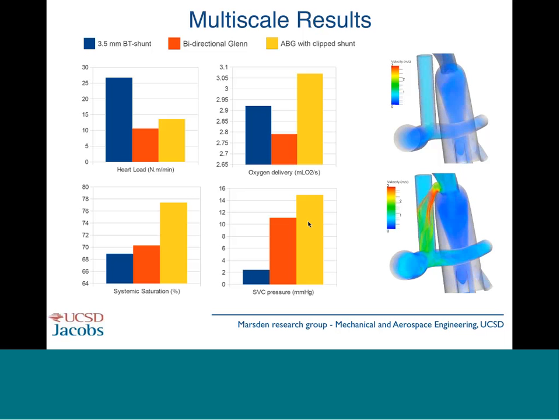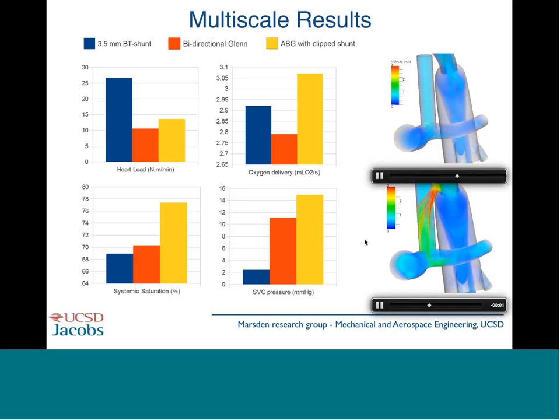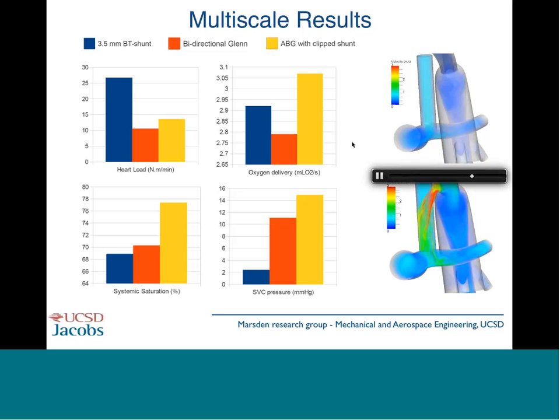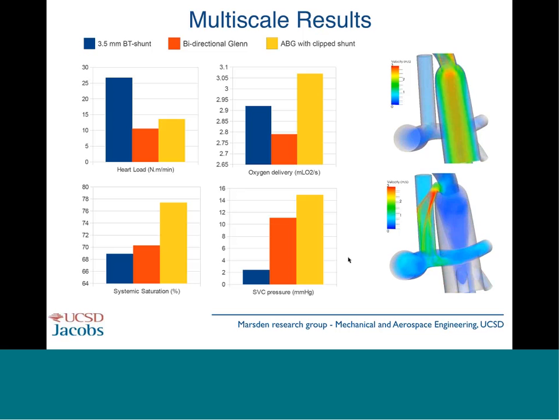However, we have some ideas for how we can modify the design to hopefully reduce this pressure increase a little bit. So what you're seeing in the movies here is the traditional Glenn surgery with relatively low pulmonary flow compared to the ABG on the bottom, where you can see that this high velocity flow stream is injected into the SVC and is driving the pulmonary flow.